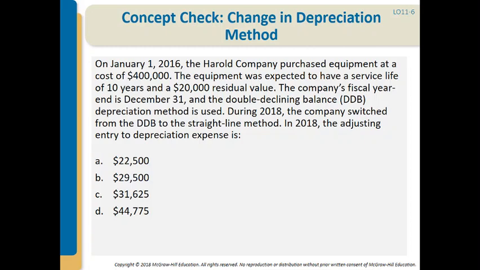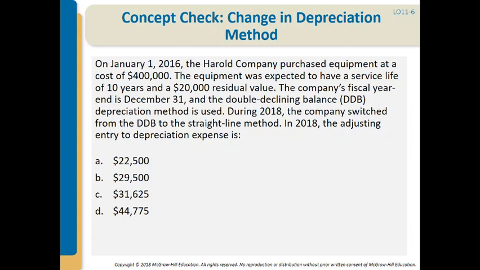So you're going to take that 144 and subtract it from the original cost of 400,000, which is going to make your book value at the time of this change 256,000.